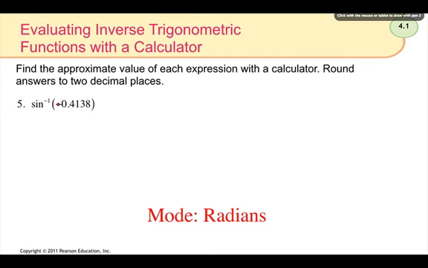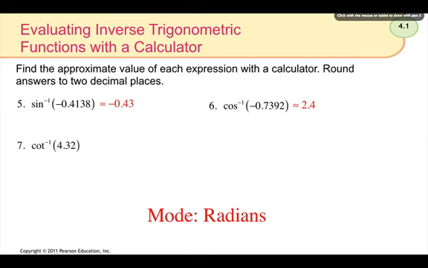Notice that this is a number between -1 and +1, which satisfies the conditions for inverse sine, and you end up with the following after you round to 2 decimal places. Number 6, same thing, cosine inverse falls within the restriction, this x value, and you end up with approximately 2.4.